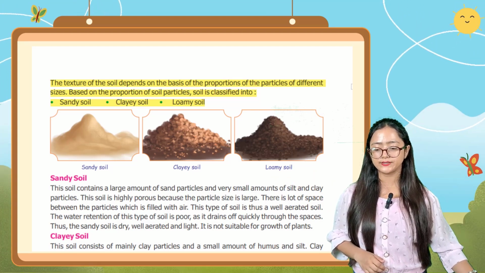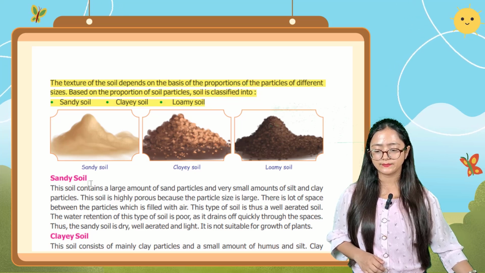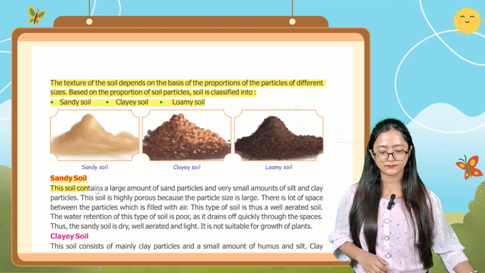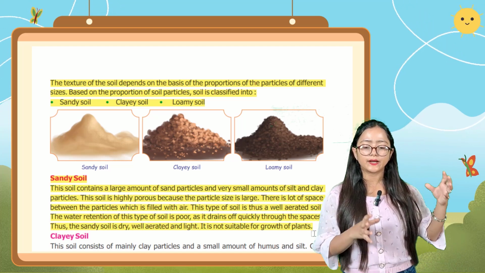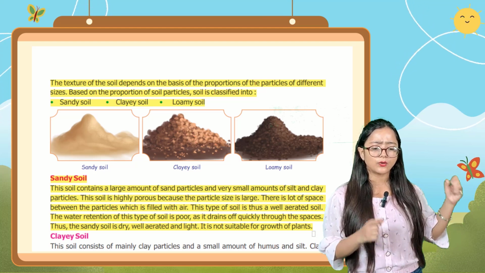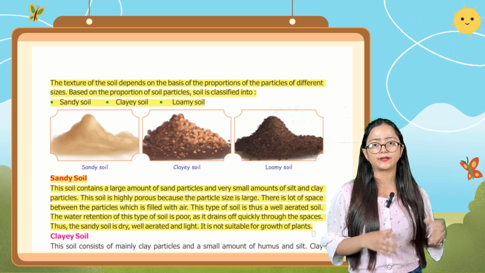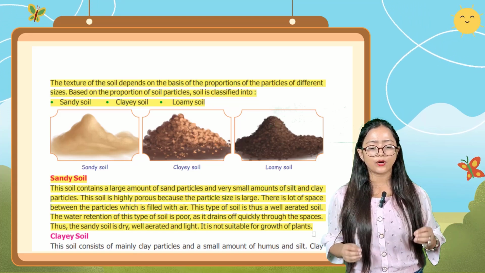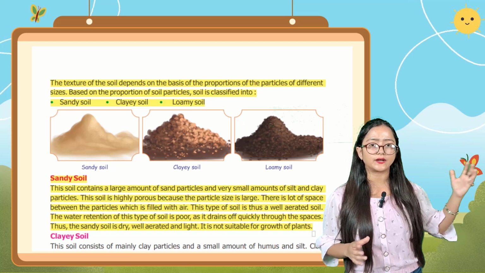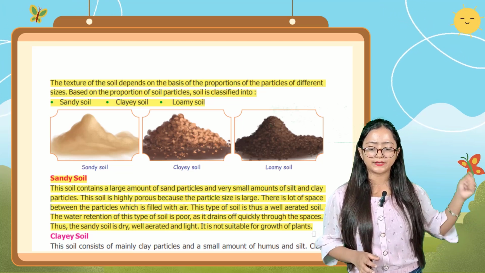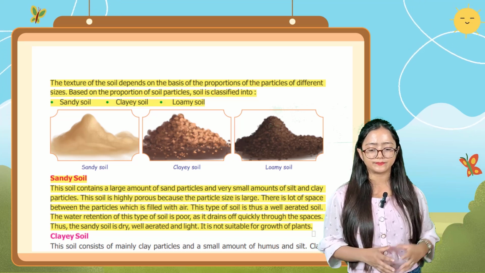The first one is sandy soil. This soil contains a large amount of sand particles and a very small amount of silt and clay particles. This soil is highly porous because the particle size is large. There is a lot of space between the particles which is filled with air.